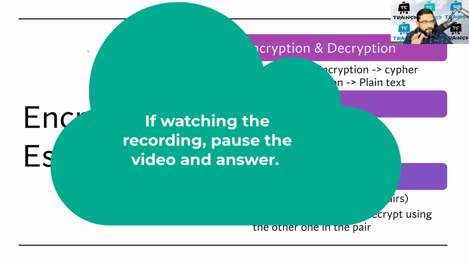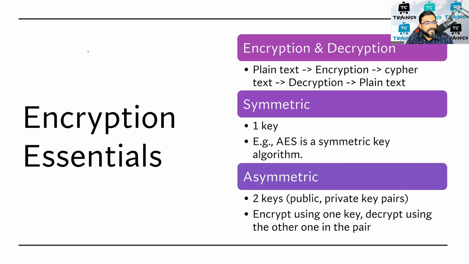As the goal is integrity, and Kavya needs to be sure that this message is coming from Hartin, it is Hartin's private key, right? Who is the only person who has Hartin's private key? It is Hartin. So if somebody is able to decrypt that message using Hartin's public key, then they can be sure that, okay, this message was created by Hartin only.